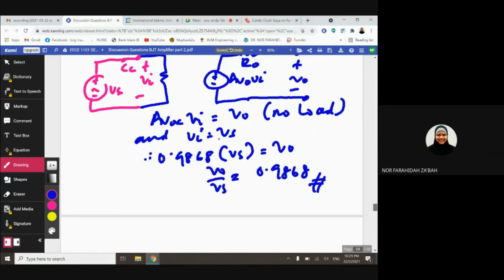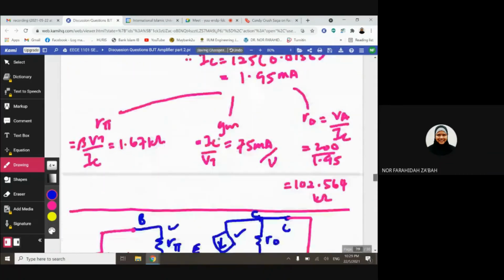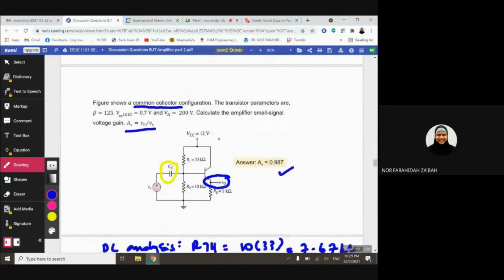So that's the voltage gain. Which is the answer, right? So approximately 0.987.